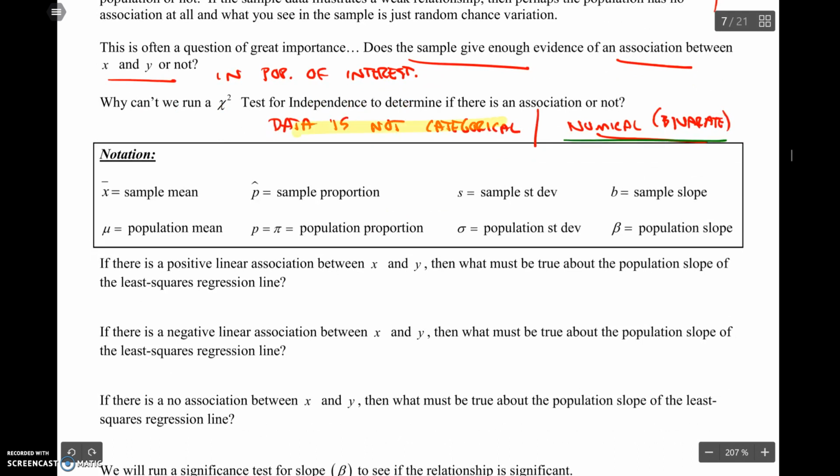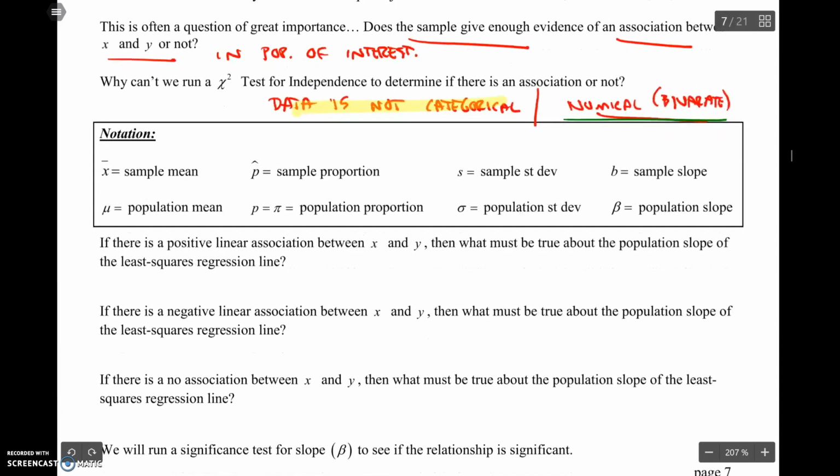This is this chapter. So here's some notation: x bar, mu, population parameter, population proportion, sample proportion.